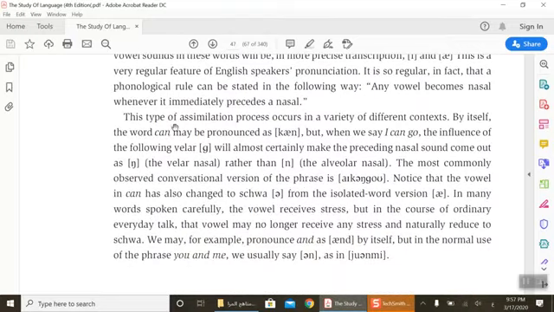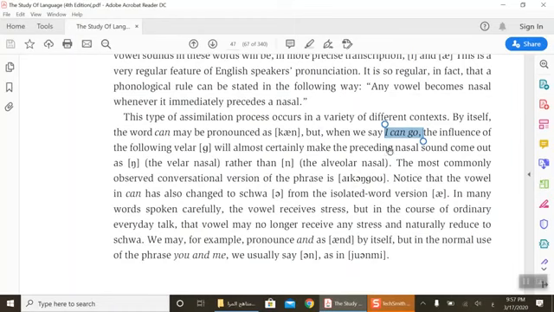Another example here, we have another case of assimilation. For example, I can go. In normal, really slow speech, we can say it like this.